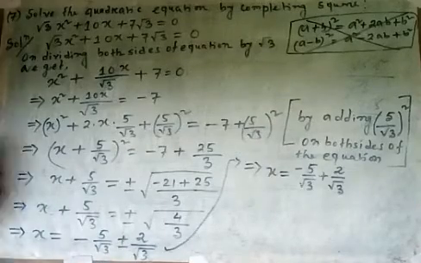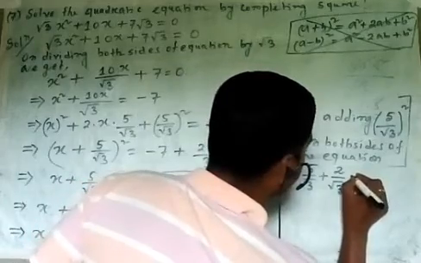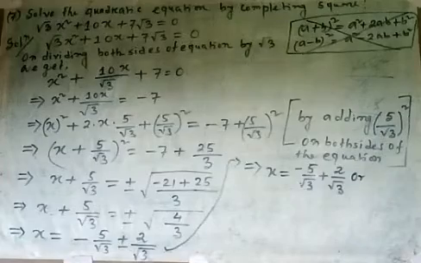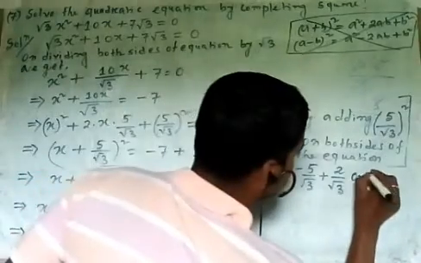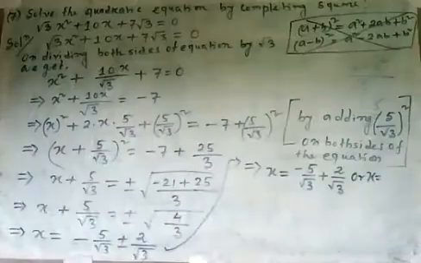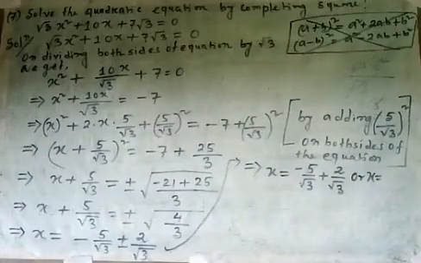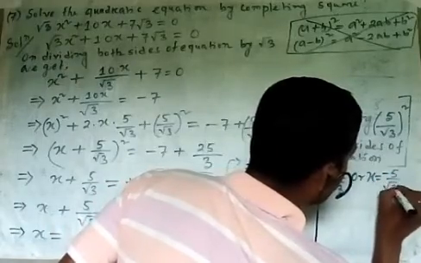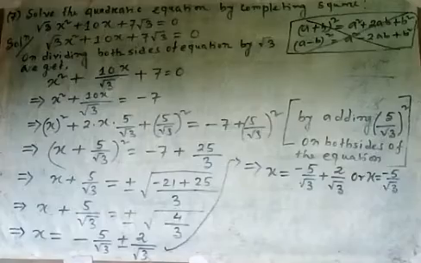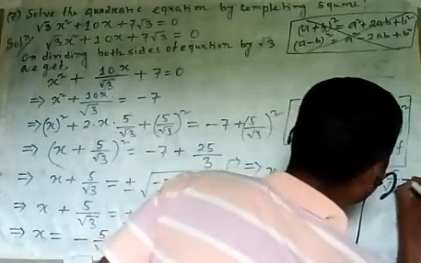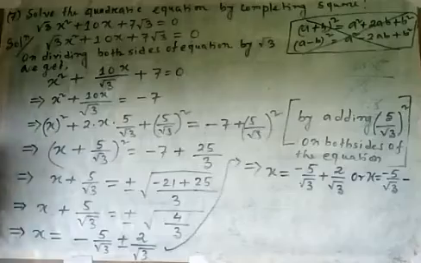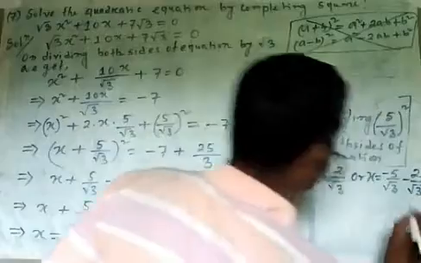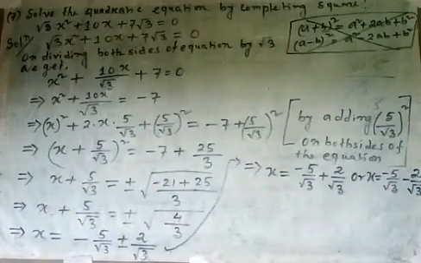Look here. So we can write here, or x equals minus 5 by root 3 minus 2 by root 3.